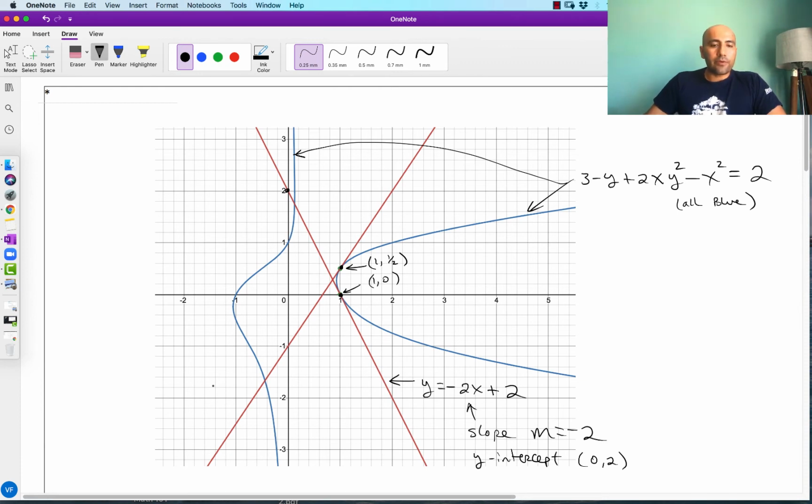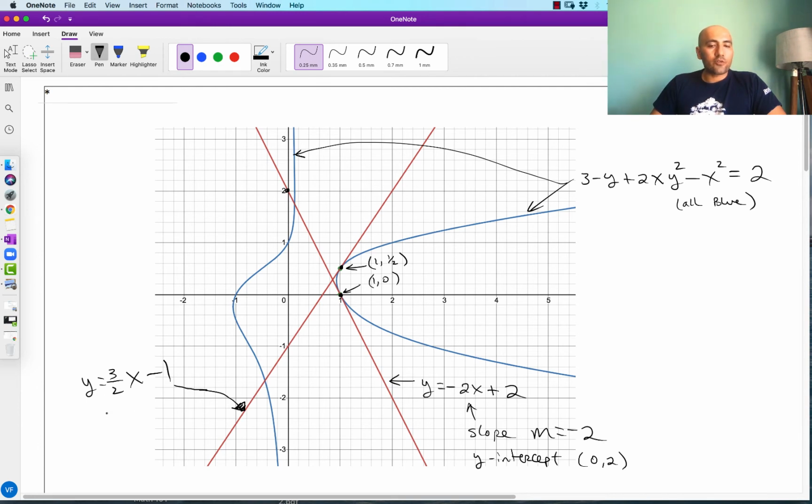Okay. The other equation was this one, and so this one right here is the tangent line at the point (1, 1/2), and we found that its equation is y equals 3/2 x minus 1. That's this equation.